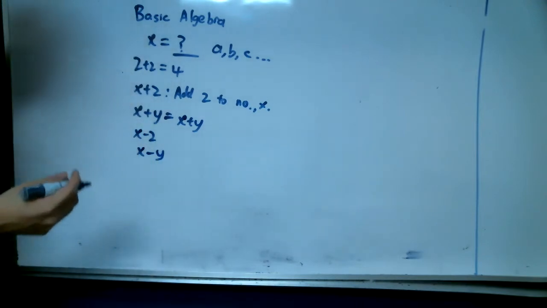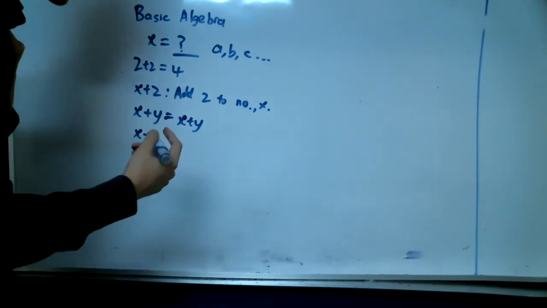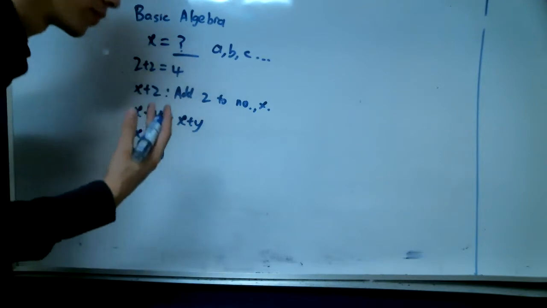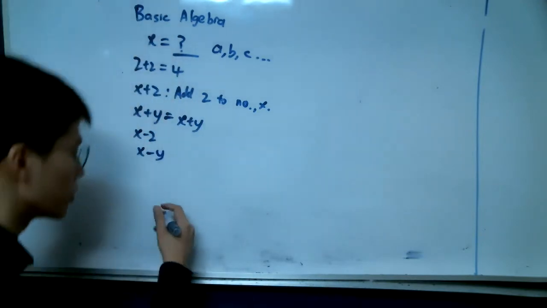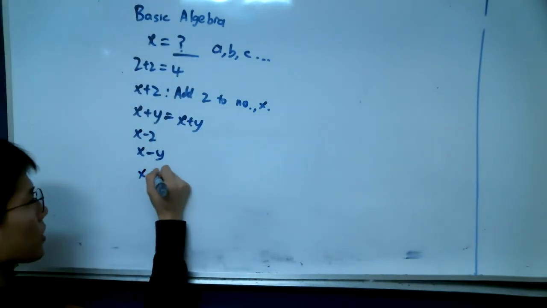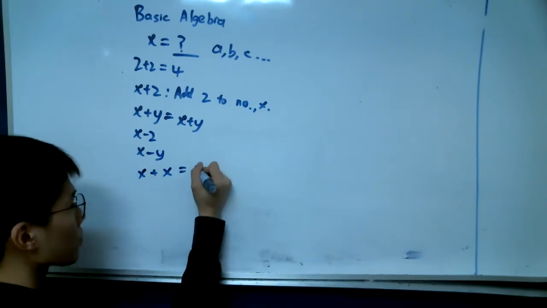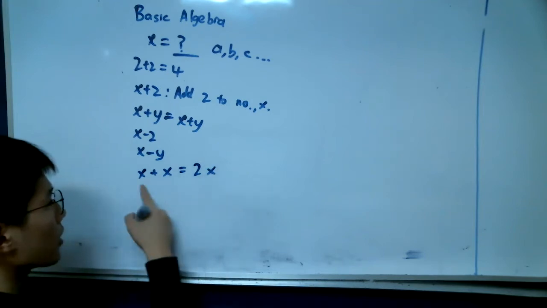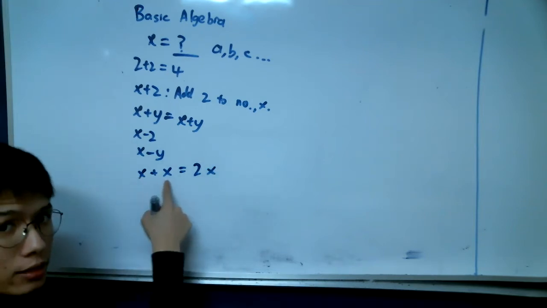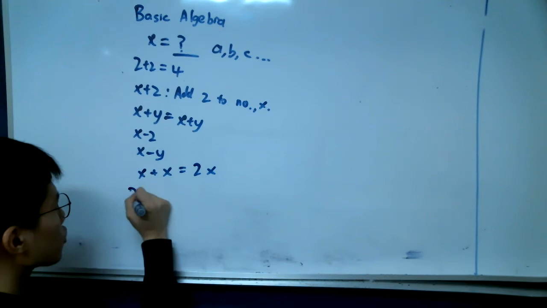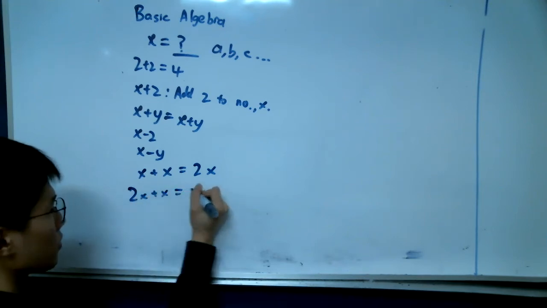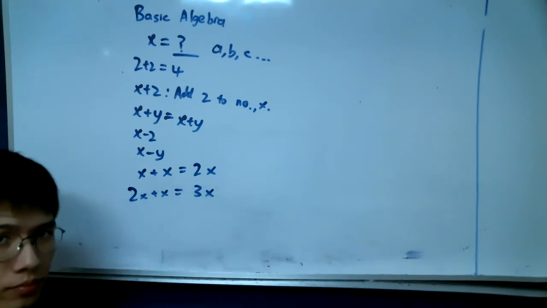And we can also do addition of the same alphabets. So for example, let's say I have x plus x. This is going to give us 2x, right? Because there's literally 2 x's added together. If I have, say, 2x plus x, this is equal to 3x.